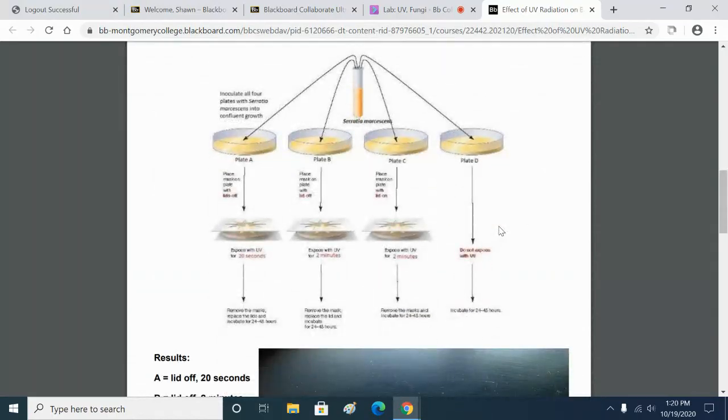So here we see a setup, which is like how we do it. We are using Serratia marcescens, a gram-negative rod. But we're using the strain D1, which is the strain that produces the deep red pigment. And it's actually one of the unknowns that some of you had. But regular Serratia does not produce pigment.